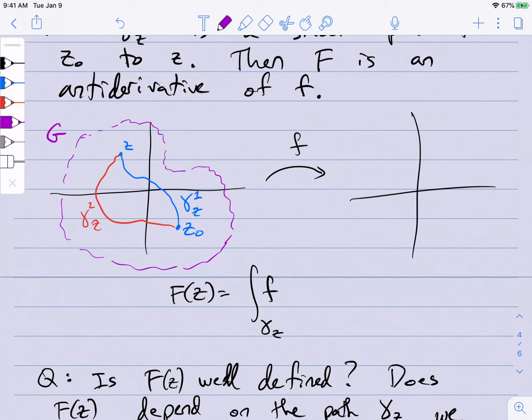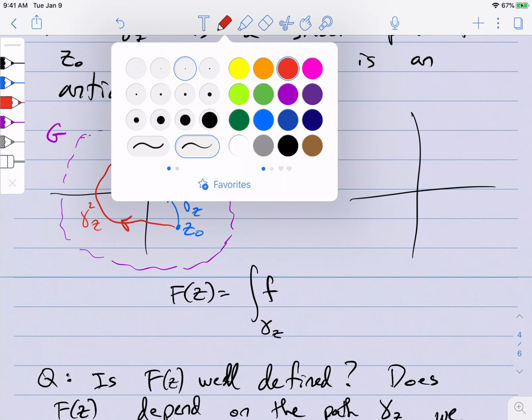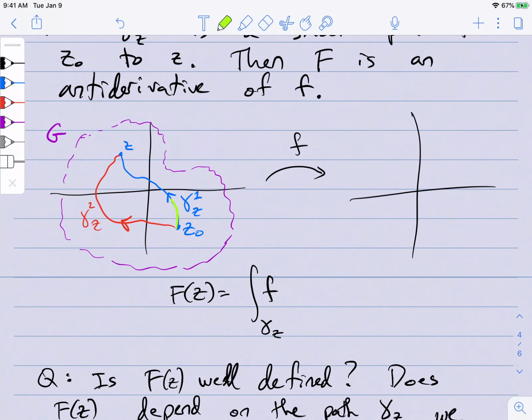But if I'm integrating, I should put the directions on here. If I'm integrating along the path gamma 1z, and then I do the negative of the path gamma 2z, that's the same as integrating along gamma 2z but going in the opposite direction. Then what I've essentially done is I've integrated over a loop that first goes along gamma 1, then goes back in the backwards direction along gamma 2.